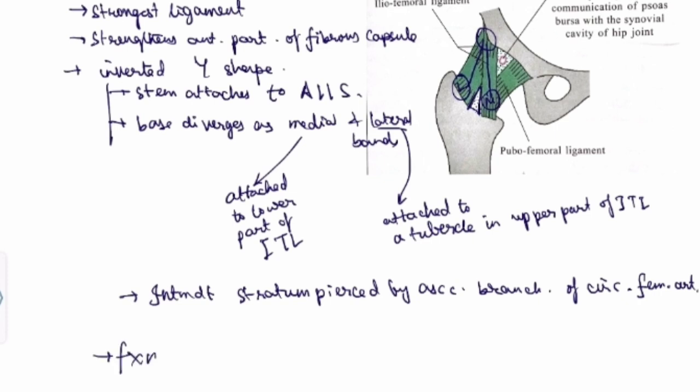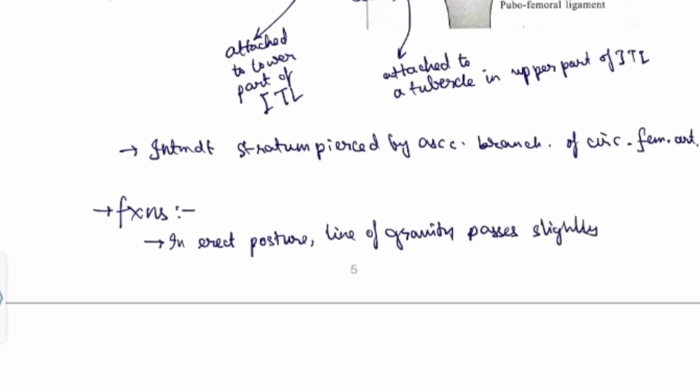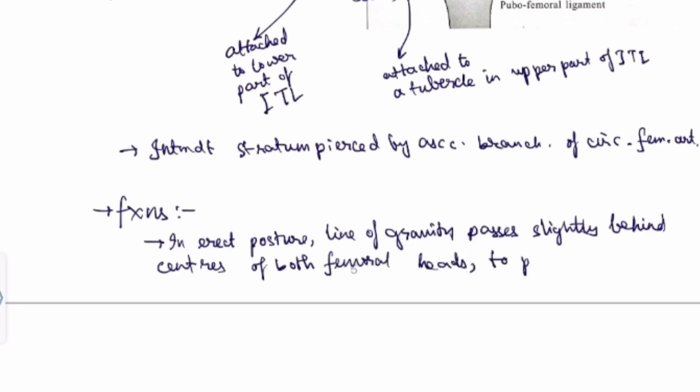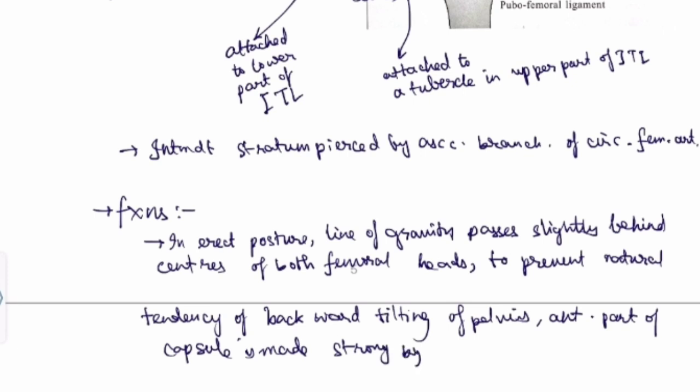So what are the functions? In anatomical structure, we have to know its functions. In erect posture, the line of gravity passes slightly behind the centers of both femoral heads, so there is a natural tendency of backward tilting of the pelvis. The anterior part of the capsule of the hip joint is made strong by this ligament.